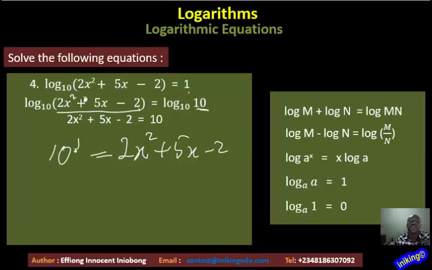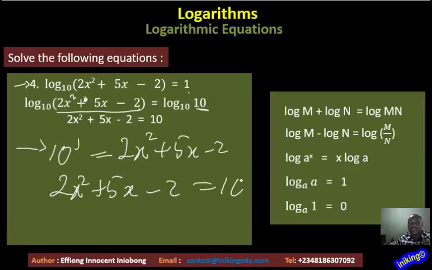Okay, so we have 10 raised to the power 1 is equal to 2x squared plus 5x minus 2. We have converted our logarithmic expression to exponential form. And of course, this 10 raised to the power 1 is 10. So I can just write this as 2x squared plus 5x minus 2 equal to 10.